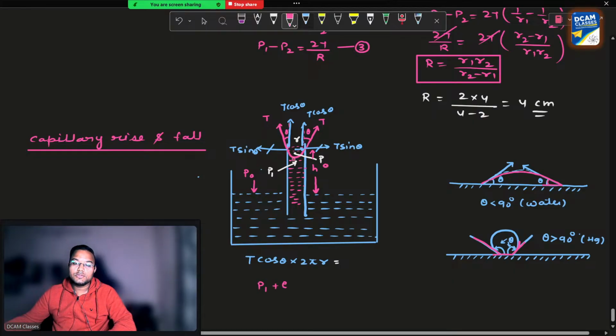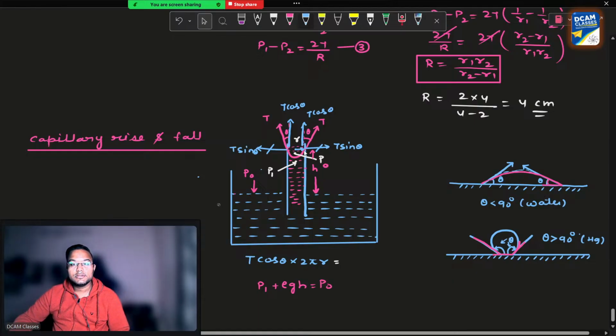P1 plus rho gh will be equal to P0, because pressure on this horizontal surface should be same. Now on the upper surface of the curvature is P0 atmospheric pressure, bottom surface is P1. So we have got a relation between P0 and P1.